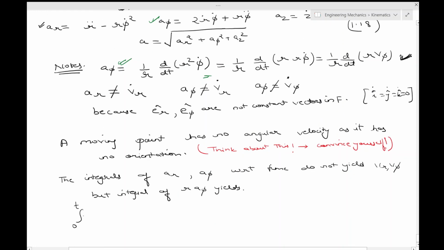So you have the integral of R A phi dt from 0 to t.